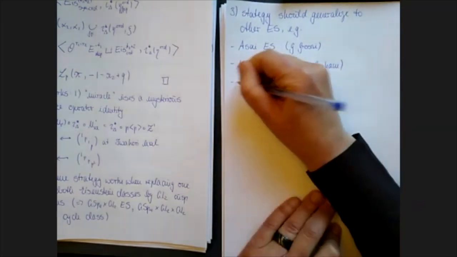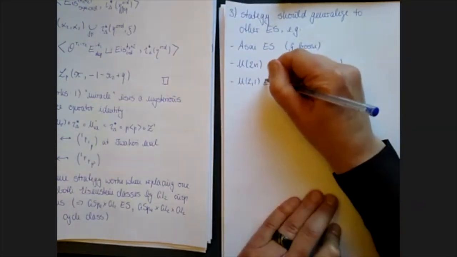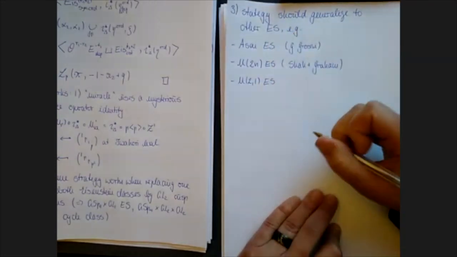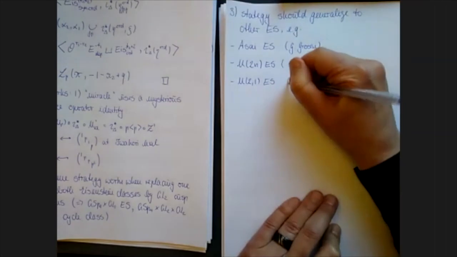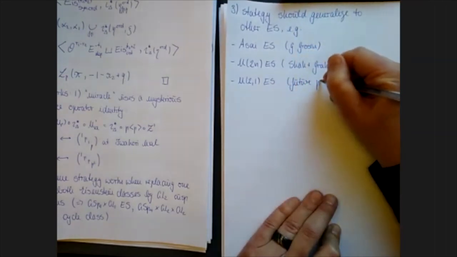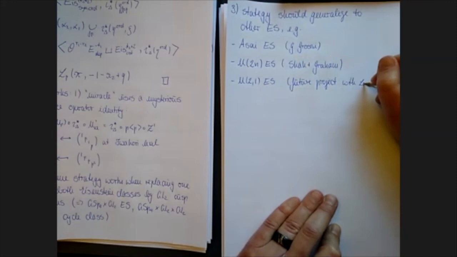And it should apply to the U(2,1) Euler system, which was joint work with Chris Skinner. So this is a future project with David, Loeffler, and Skinner.